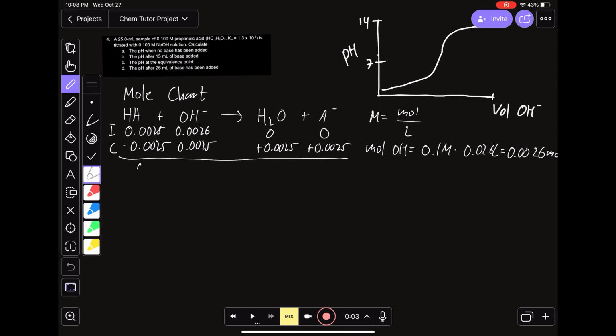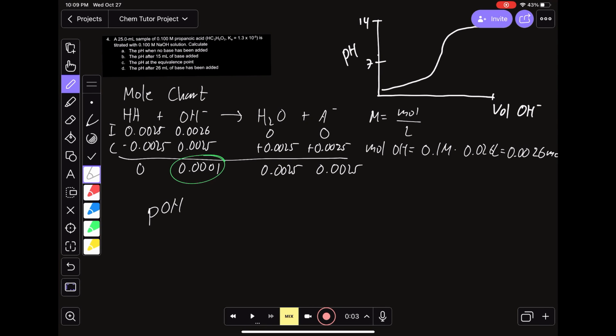And we get nothing, we run out of acid, and we have an excess of base, and we create some water, which is not very important, and we create some conjugate base. Now the important thing to notice here is that we're left with a surplus of base, of OH, of hydroxide. So this calculation is pretty easy.